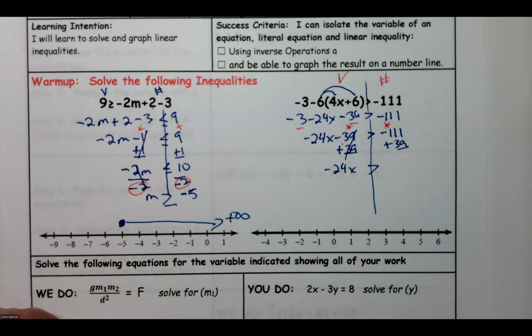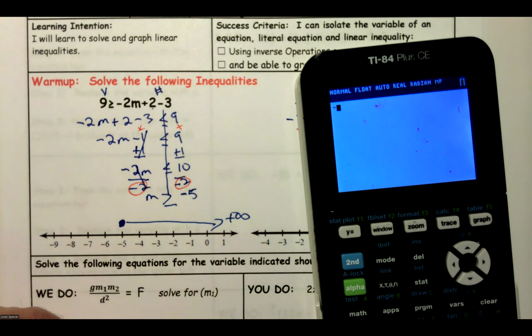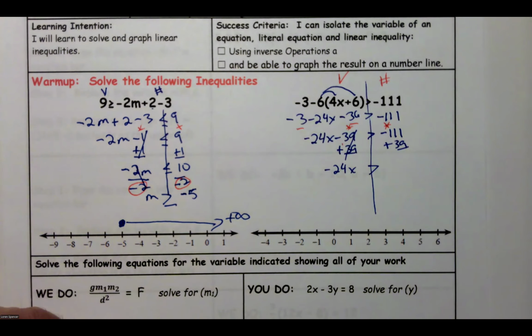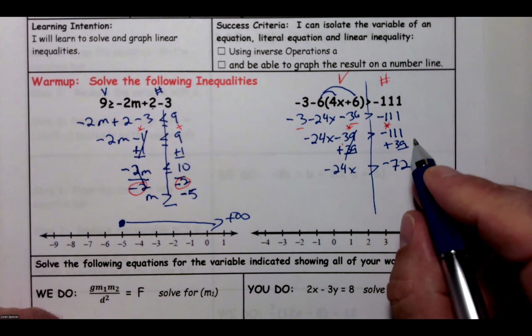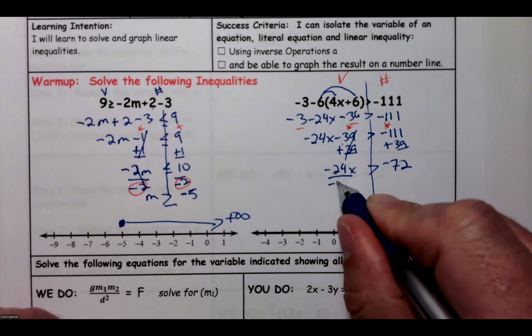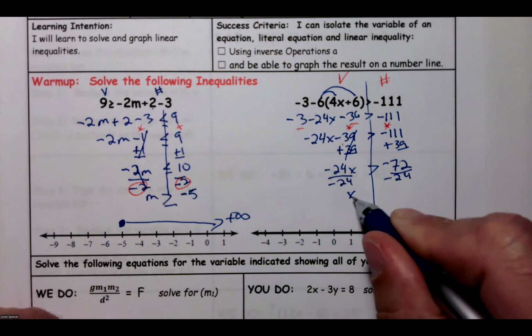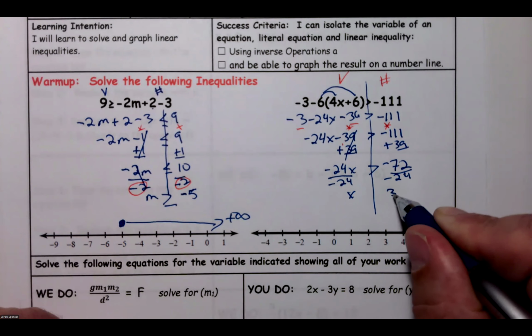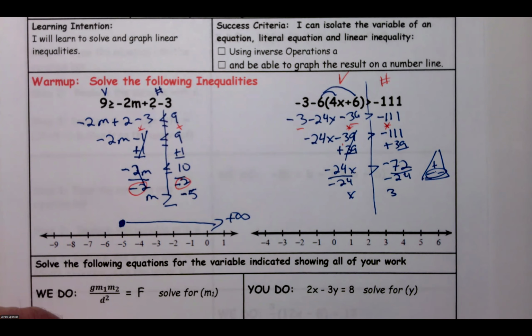And if we take our calculator, negative 111 plus 39, we end up getting negative 72. All right, dividing by a negative, this gives me a positive 3, and we know that because of checking the triangle.